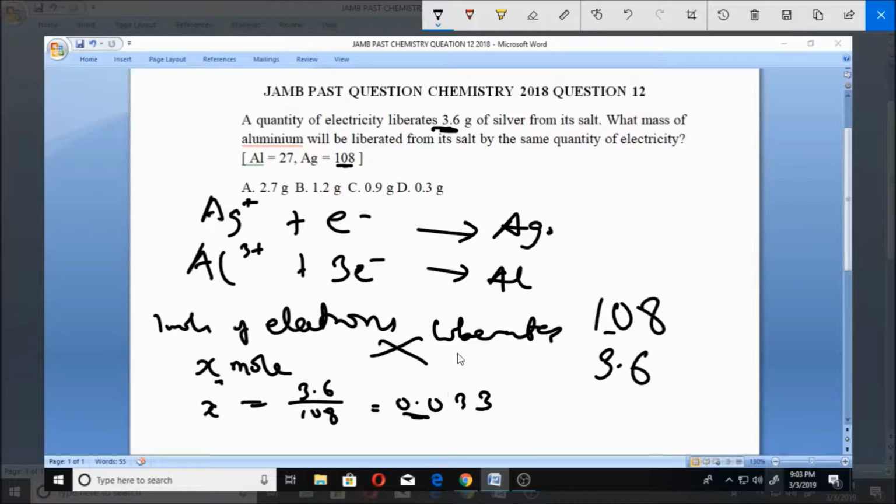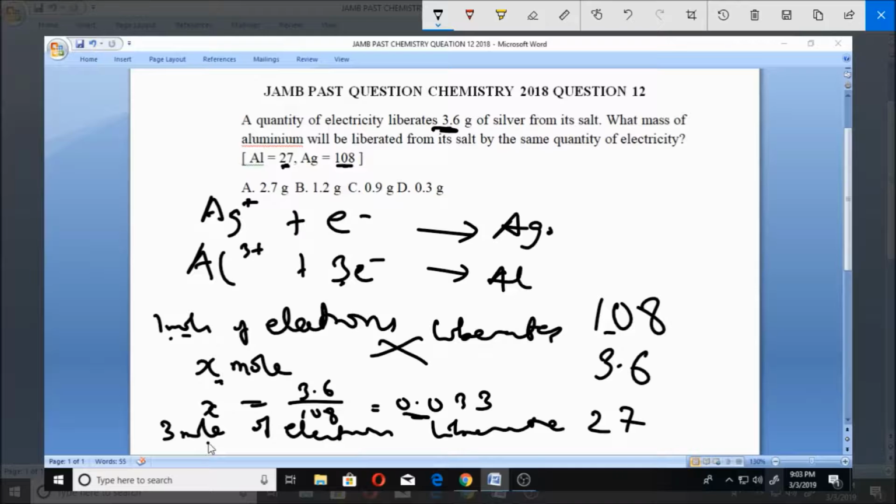Now, how many grams of aluminium will this quantity of electricity give? From our initial equation, 3 moles is because of the 3 in aluminium, while for silver it was 1 mole. So for aluminium, 3 moles of electrons will liberate 27. Here it was 108 because it's silver, but for aluminium we have 27.